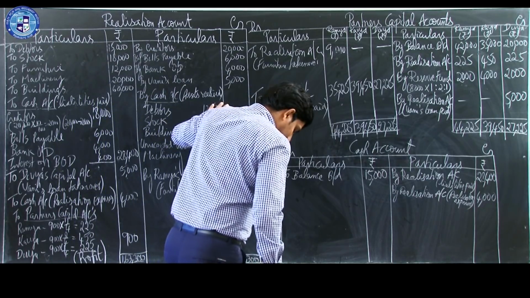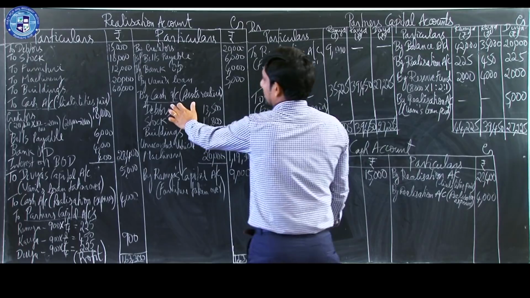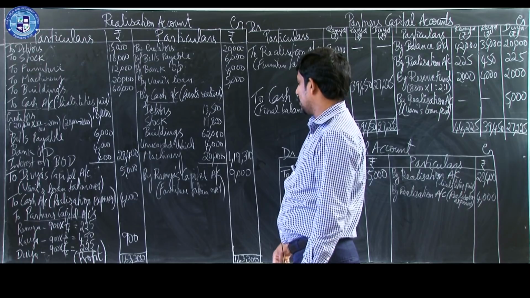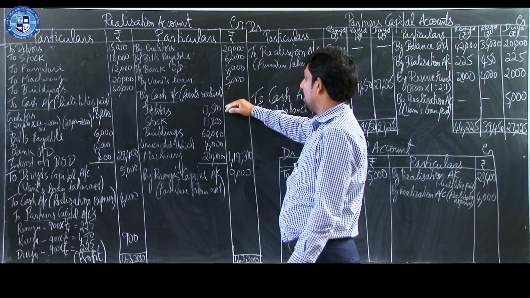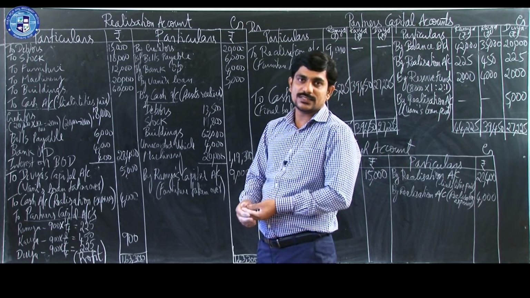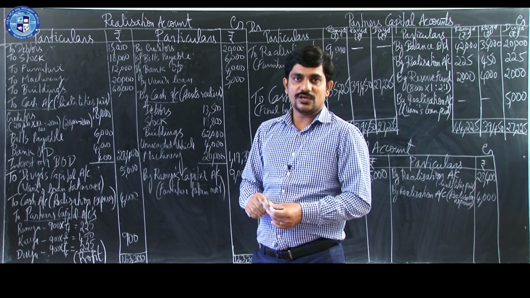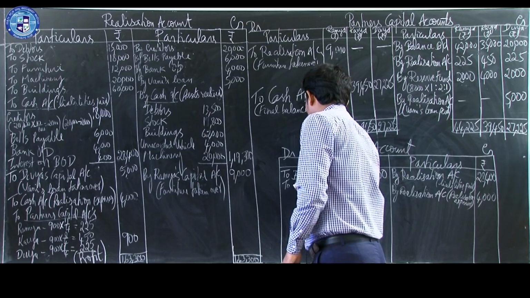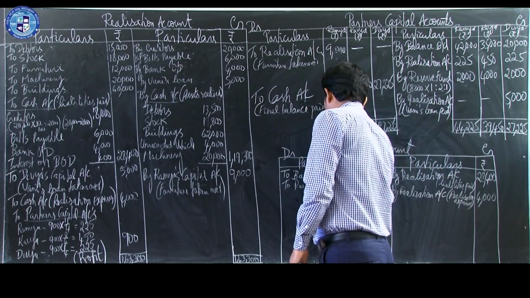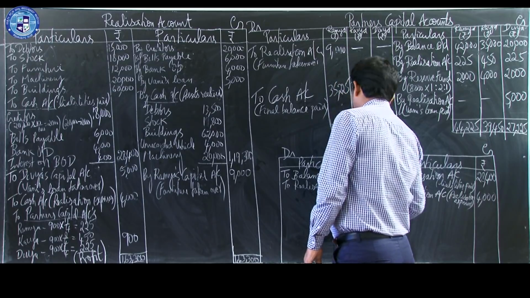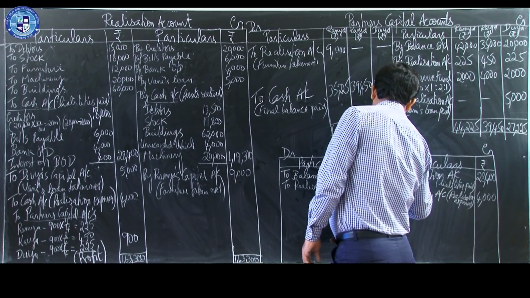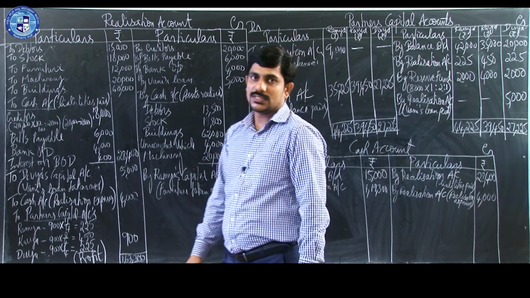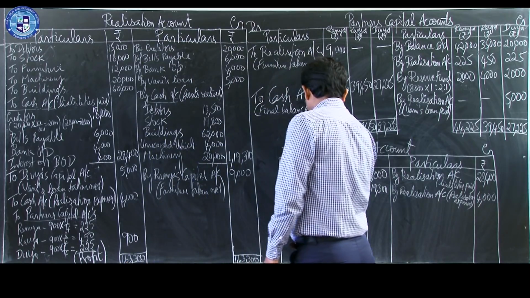Next, come to the credit side of realization account. There is cash for assets realized. How much is the cash? 1,19,300. So you have received money here by selling the asset. What entry you have passed for assets realized? Cash account debited to realization account, 1,19,300.